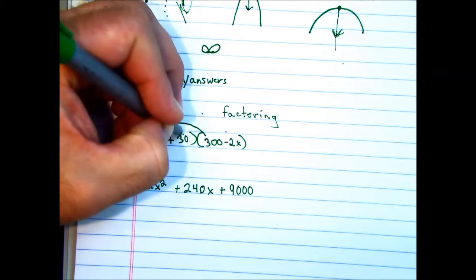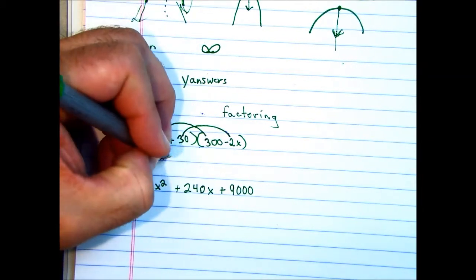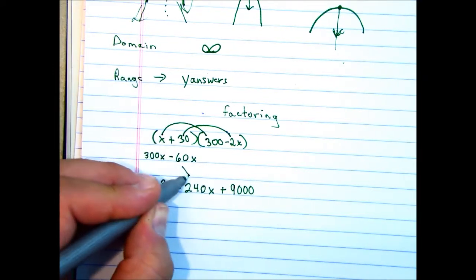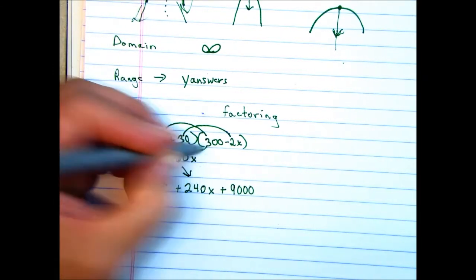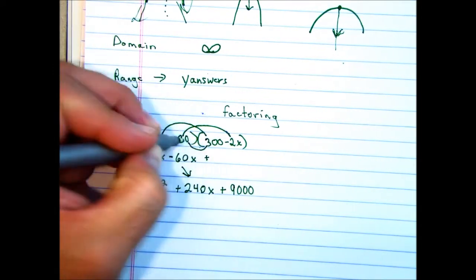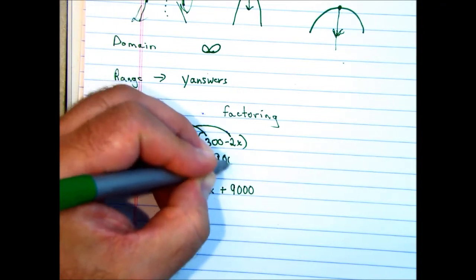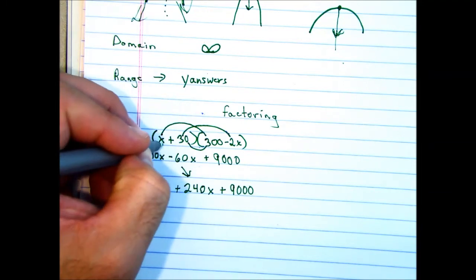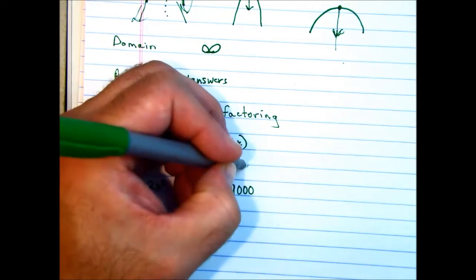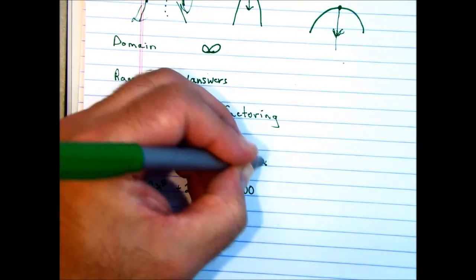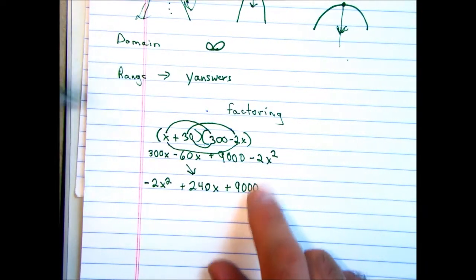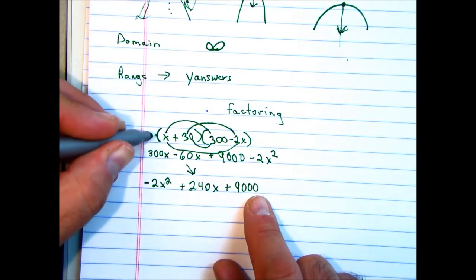This is negative 60x. That's where I got the 240. The nose, that's 3 times 3 is 9 and 3 zeros. Okay, and then the smile, that's negative 2x squared.